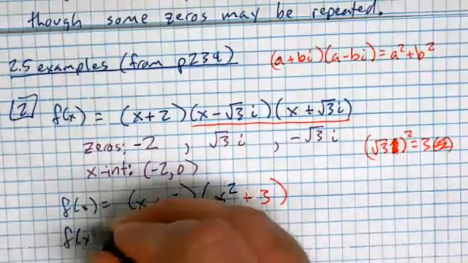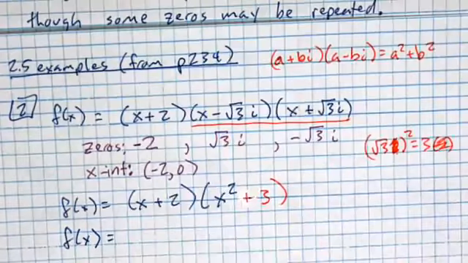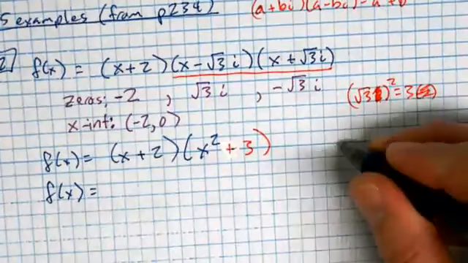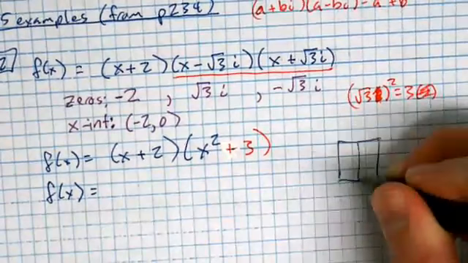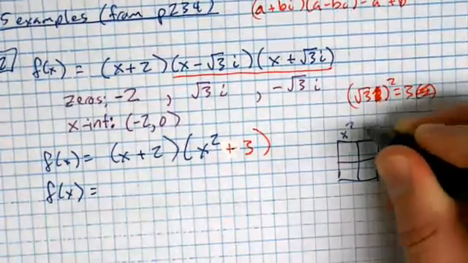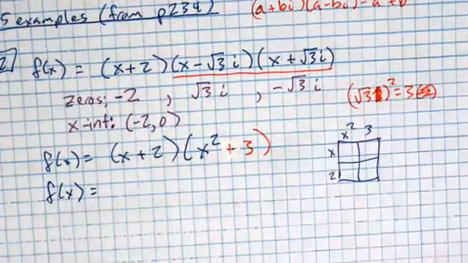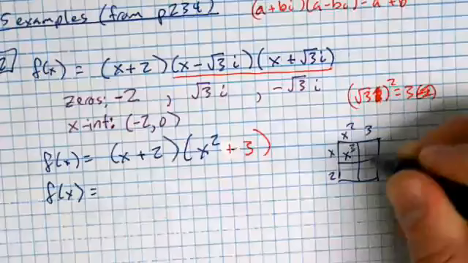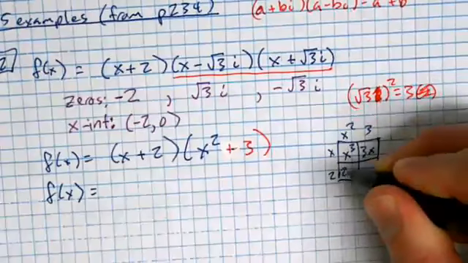Let's multiply that out. Use your favorite method to multiply two binomials. If you like the FOIL, go with the FOIL. If you like the box thing, go with the box. You know what I mean by the box, right? I think I'm going to go box for this one. x cubed, x squared.